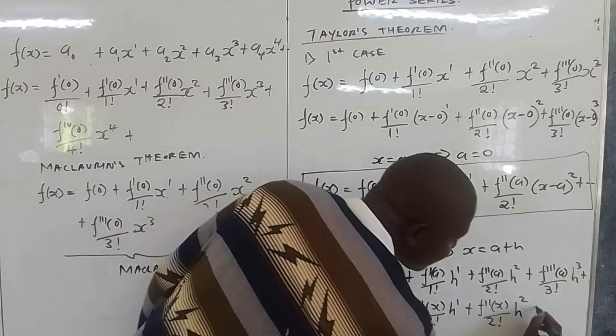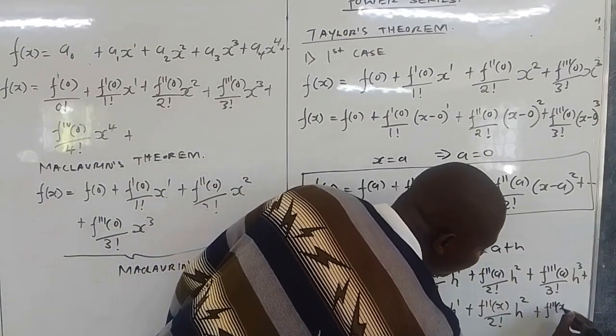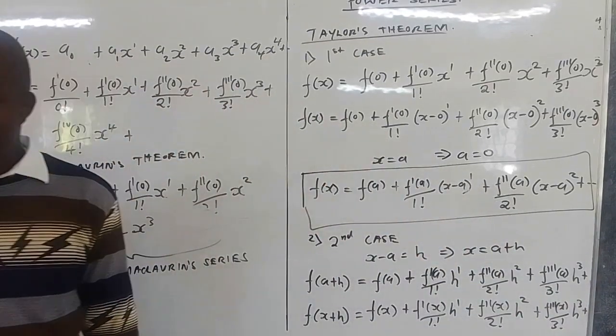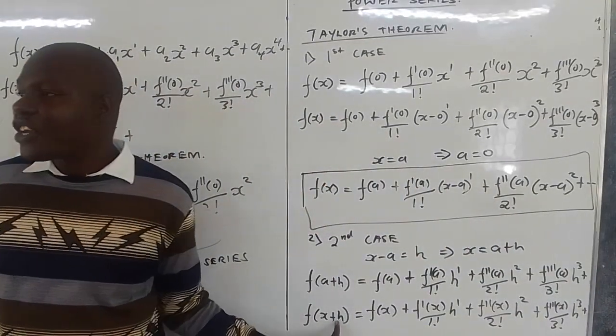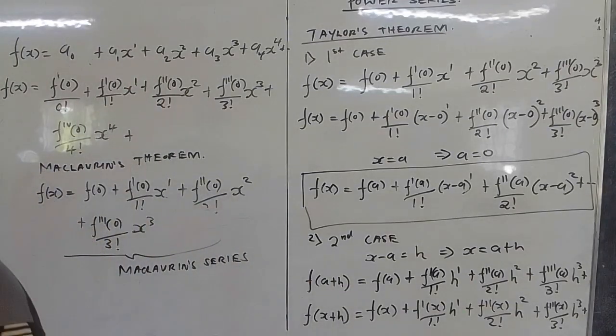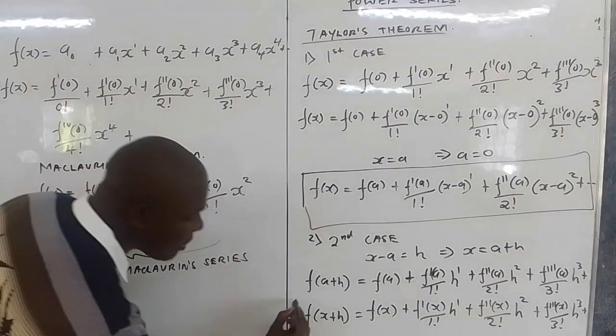Yes. Then it is plus f triple prime of x over 3 factorial, then h is cubed in that order, isn't it? So this is now the Taylor series expansion of a function f of x plus h. Are we together? That is the Taylor series expansion of a function f of x plus h.